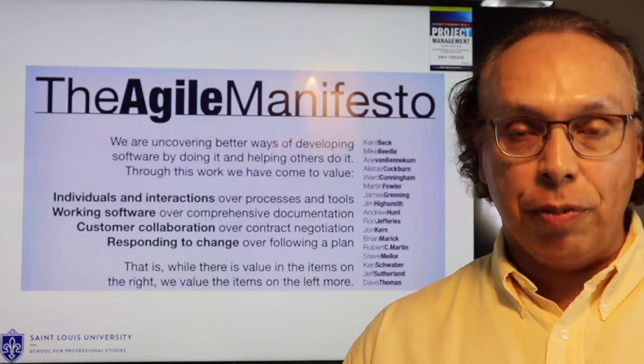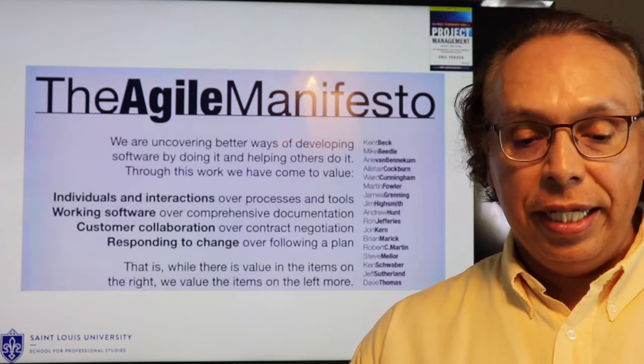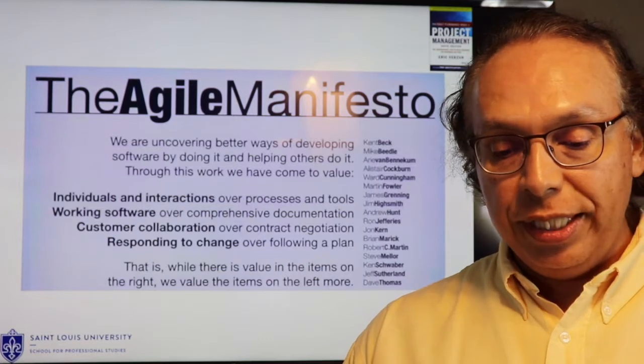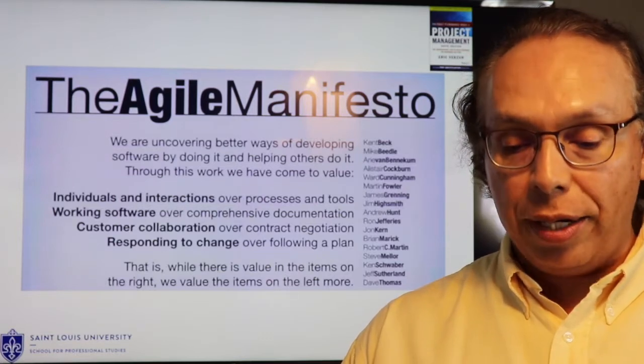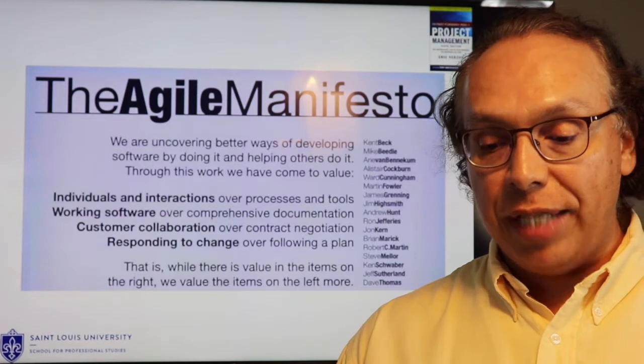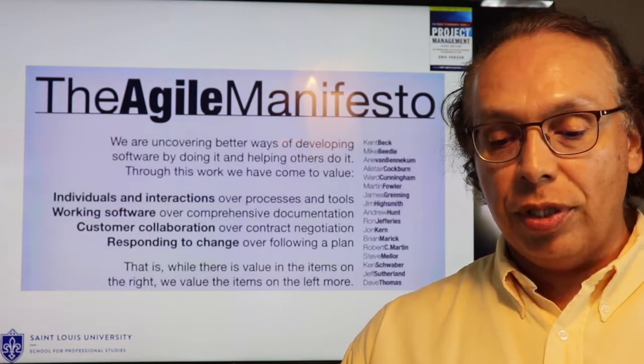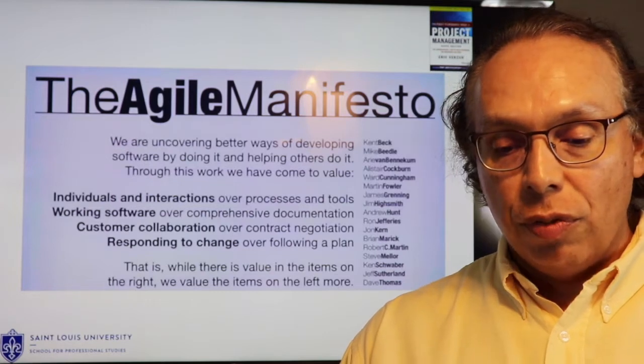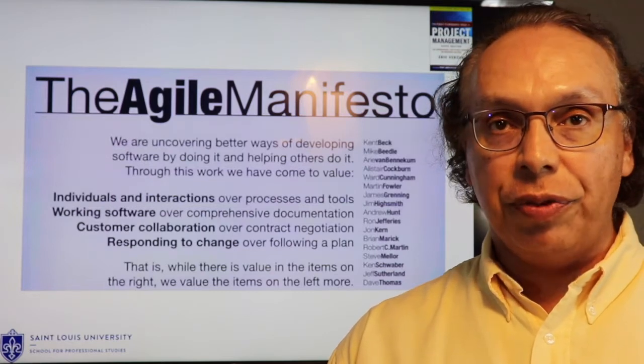The 4 value pairs include individuals and interactions over process and tools, working software or working product over comprehensive documentation, customer collaboration over contract negotiation, responding to change over following a plan.